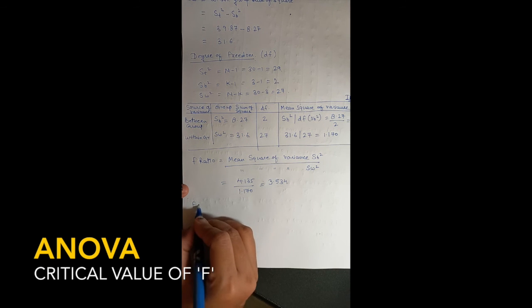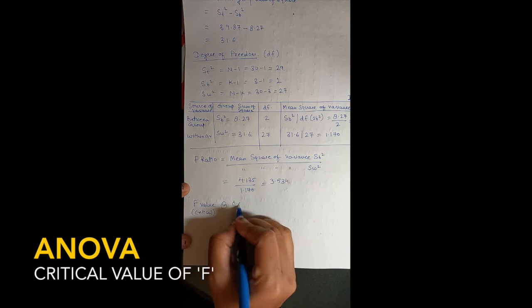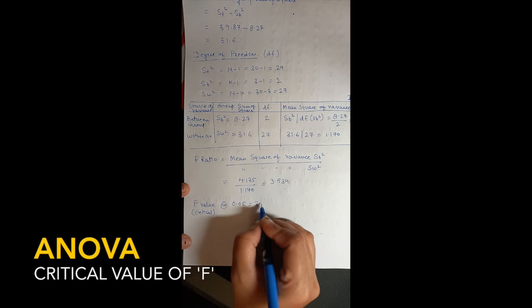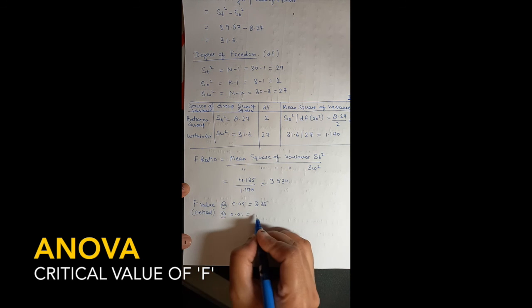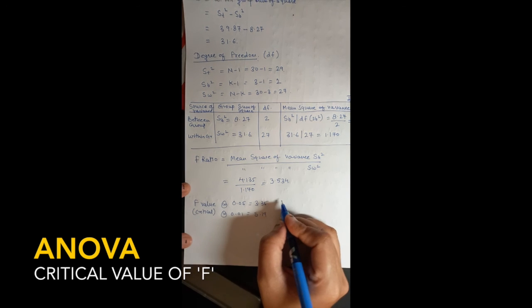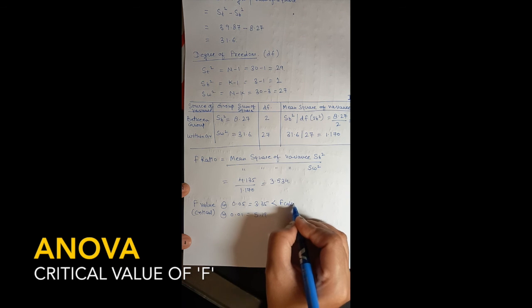After we have the calculated value of the F ratio, we need to quickly look into the table to see the critical value of F at 0.05 and the critical value of F at 0.01. Sometimes the two values are given in the problem itself so that we can find the significance of the F ratio, or if they are not given, we can find them from the table.